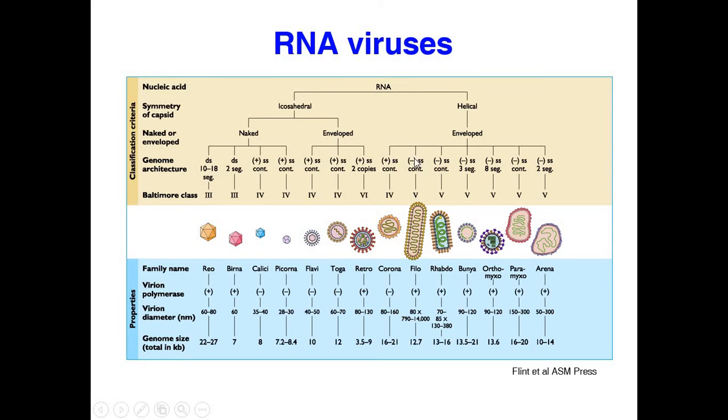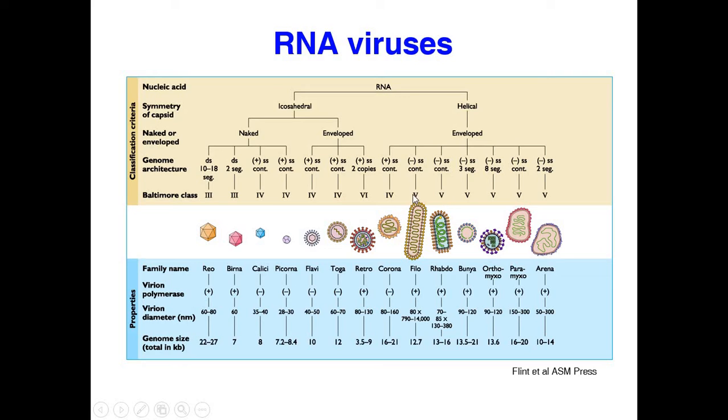groups. Single-stranded RNA viruses with positive sense present in group 4, like coronavirus, don't have any kind of polymerase enzyme, and the size of this virus is 80 to 160 nanometer, and the genome size is 16 to 21 kilobase pair. Other viruses are negative sense single-stranded RNA viruses, which are present in group number 5.